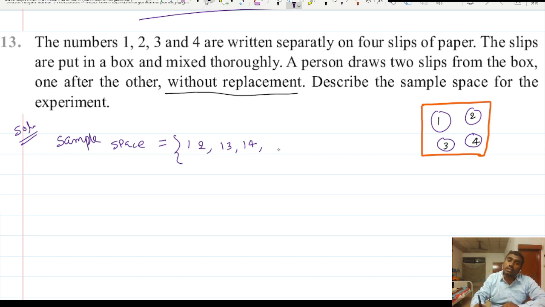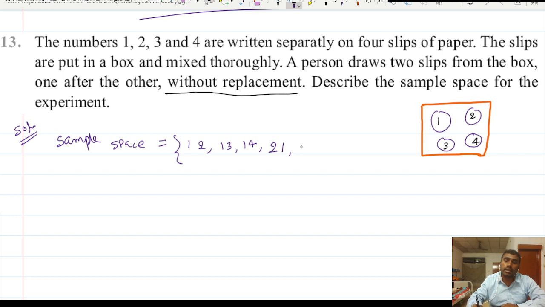Similarly, if we take 2 first, then with 2 also we can get 1. So see, 1, 2 and 2, 1 are different. Why different? Because in the first case, the first slip we take gives 1 and the second gives 2. But here, the first time we get 2 and the second time we get 1. So both are different cases, right?